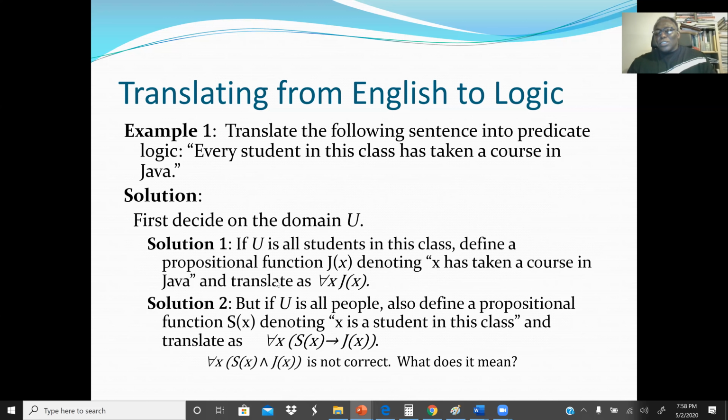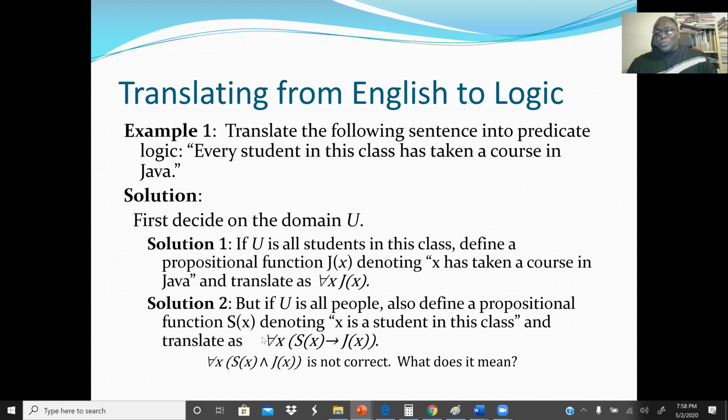So this will be translated as what? For all x, J(x), which means all students have taken the Java class.